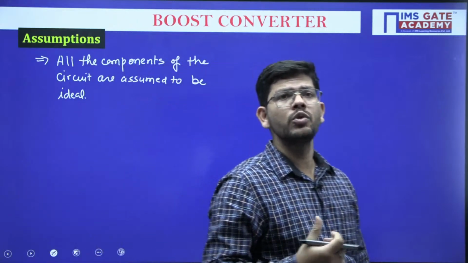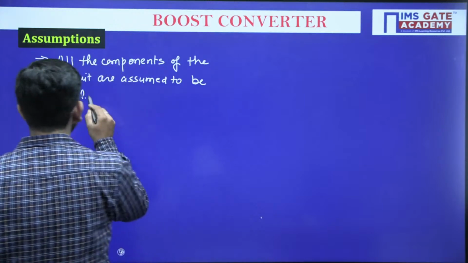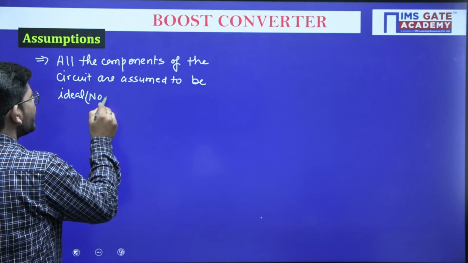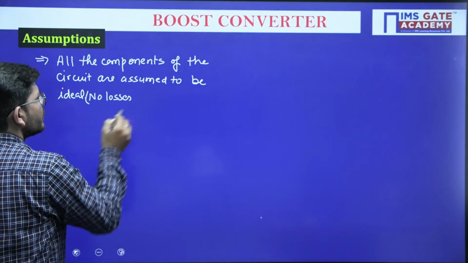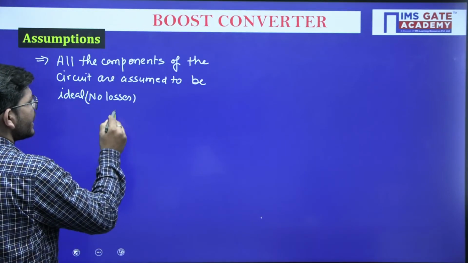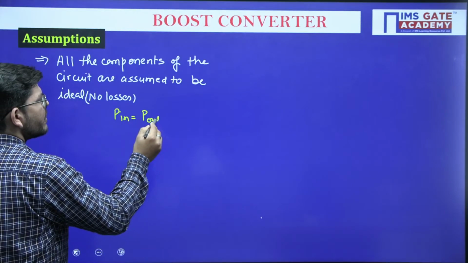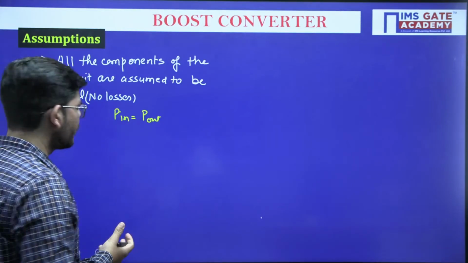This is an idealistic approach, although there will be losses. So what we are assuming here is no losses. That means whatever is the power at the input, the same will be there at the output. No losses. Power input is equal to power output.